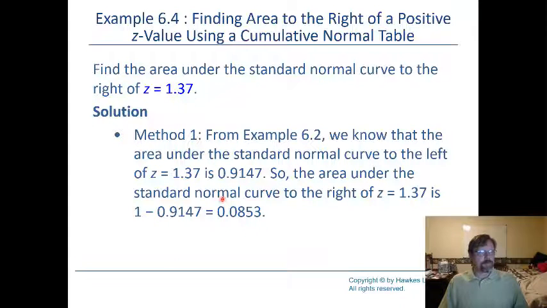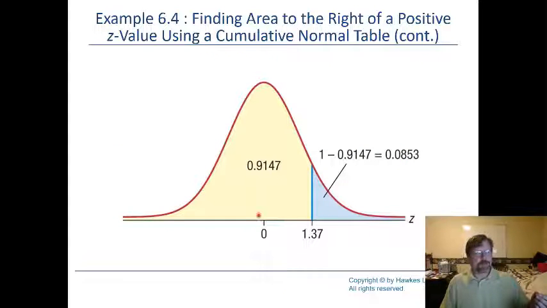If we subtract this 0.9147 that we previously found from 1, we get 0.0853, right? So there's our 0.9147 we found before. 1 minus 0.9147 should give us our answer.